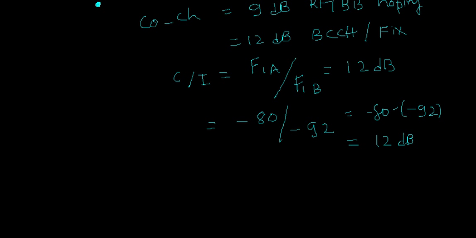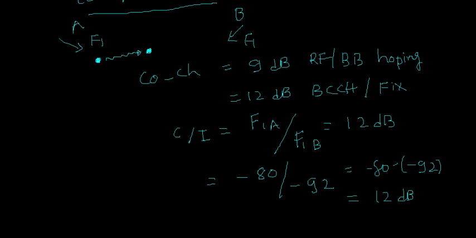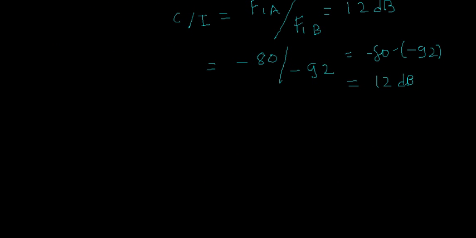But for example, if I go away from the cell site and now stand somewhere here, what will happen? Let us calculate the C by I here. Let us assume I am now getting a signal strength of A at around minus 90 and B at around minus 98.